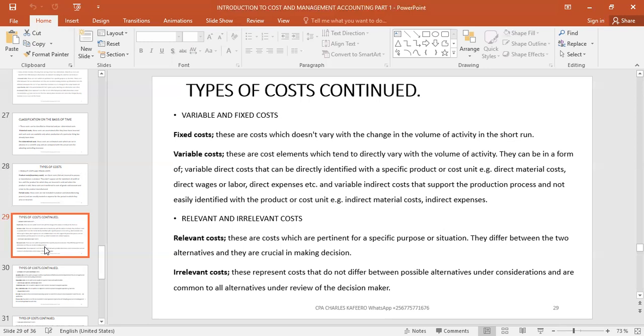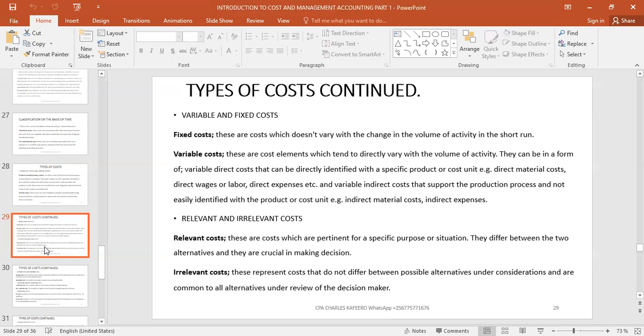The irrelevant costs represent costs that do not differ between possible alternatives under consideration and are common to all alternatives under review by the decision makers. When you are appraising an investment, these irrelevant costs are the costs which are similar: in this business idea they are there, and even in the other business idea they are there.